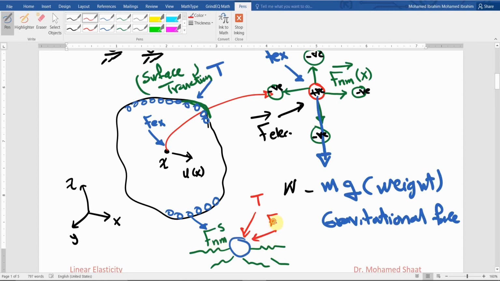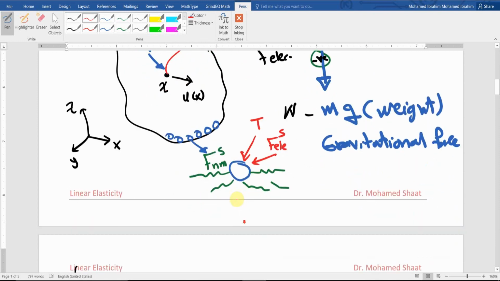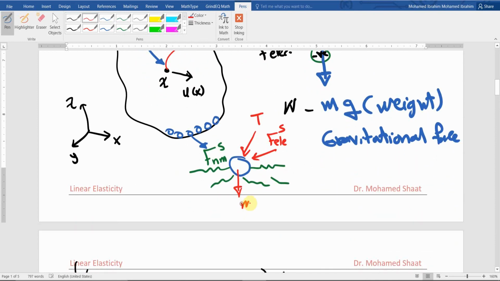Make sense? In addition to this T and this Fnm, there would be some electric force. So we're going to have F electric surface, and this electric force acting on the particle over the surface will definitely be different than the electric force acting on a particle inside the continuum core. In addition, this particle may have a weight that is different than the weight of the other particles, or it may be the same.